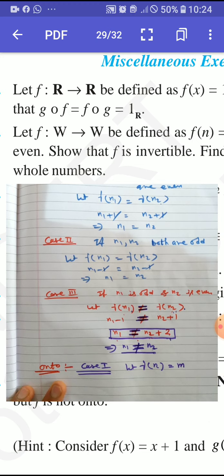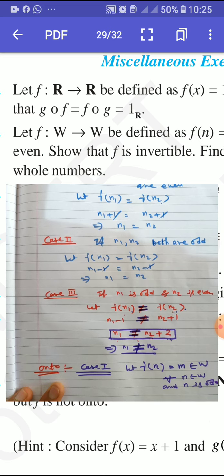Fn equal to m belong to whole number for every n belong to whole number, and n is let us suppose odd, n is odd, right? N is odd. Okay, fn equal to n is odd.